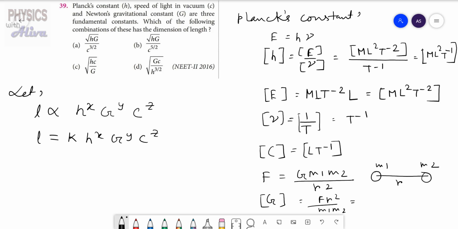So we can write the dimension of F is M L T to the power minus 2, times L squared, divided by M squared. So from here we can write M inverse L cube T to the power minus 2. This is the dimension of G. So we have calculated the dimensions of G, c, and h.